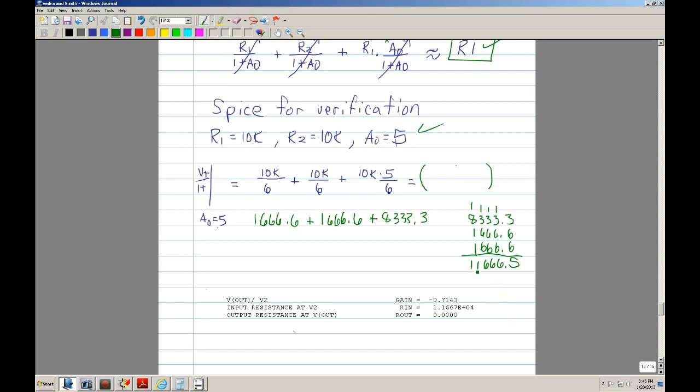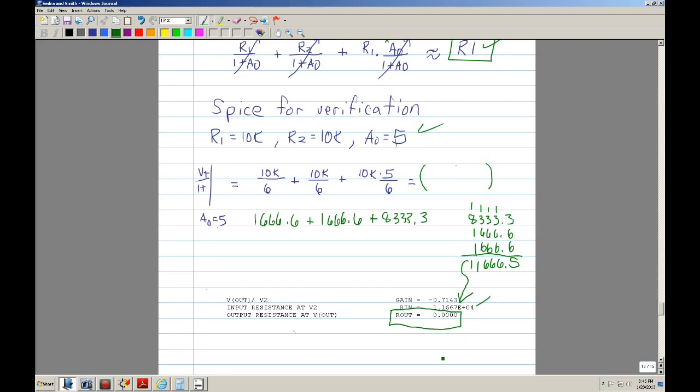So the answer is 11,666. And if you look in here, it's a match. Basically it's 11,667. They rounded off.